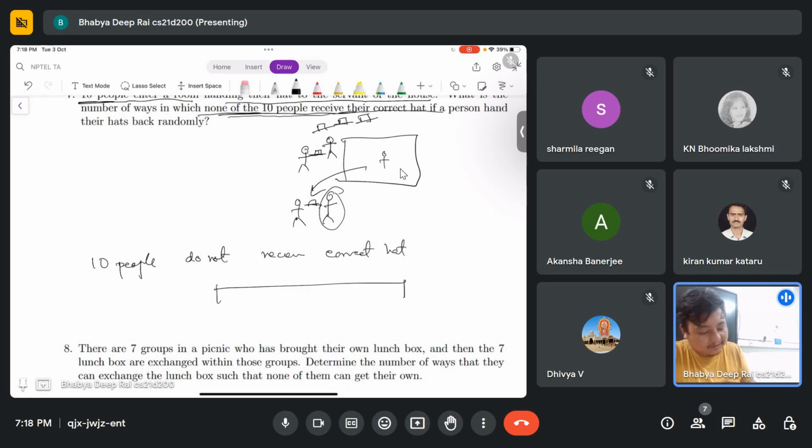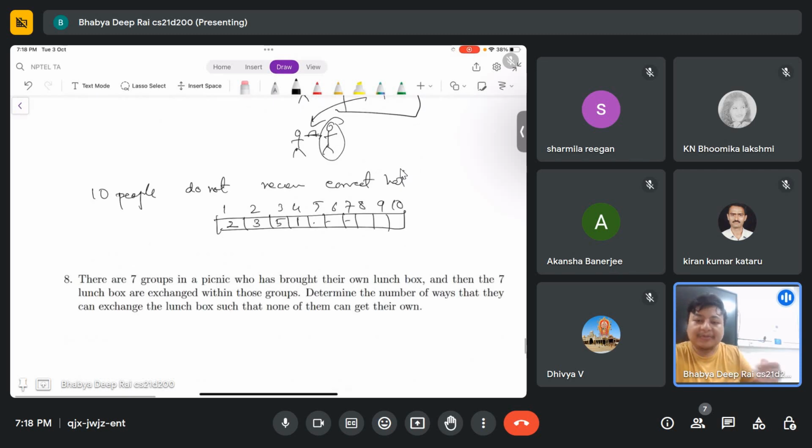For example, 1, 2, 3, 4, 5, 6, 7, 8, 9, 10. Hat number 1 goes to person 2, hat number 2 goes to person 3, hat number 3 goes to 5, 4 goes to 1, and so on. How many ways are there?